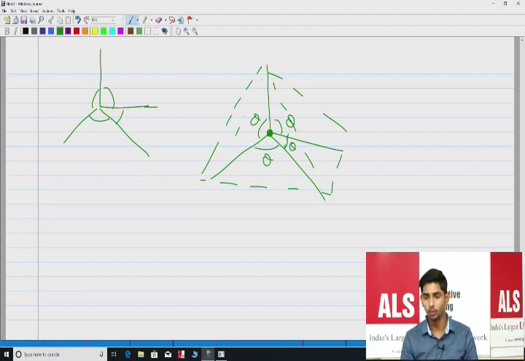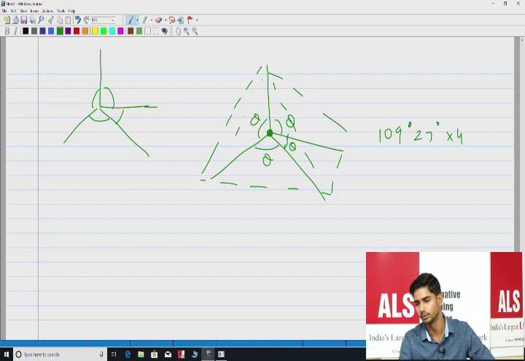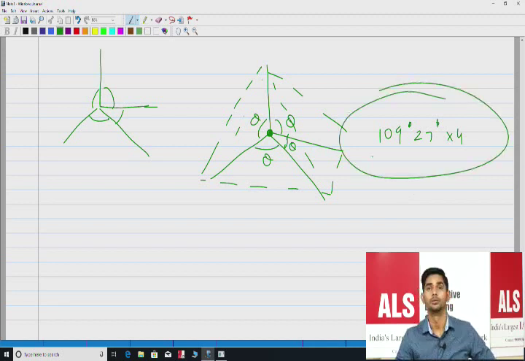Don't confuse that there are four bonds, and if I multiply this one with 4, I'm sure you won't get your answer, which you were expecting initially. Don't confuse it with that. This is the mensuration section, not the geometry section.